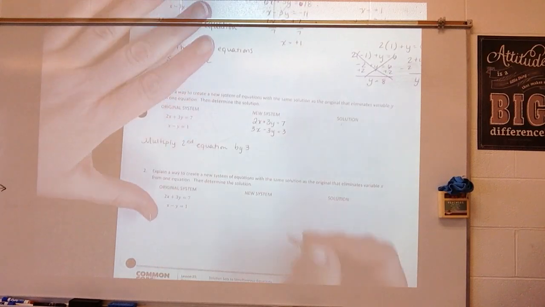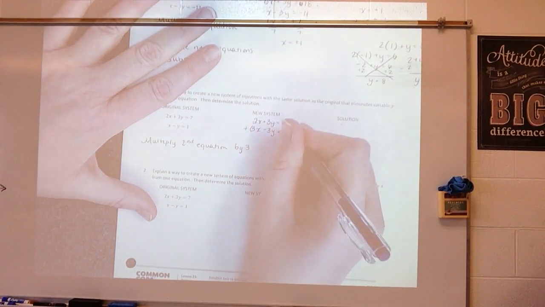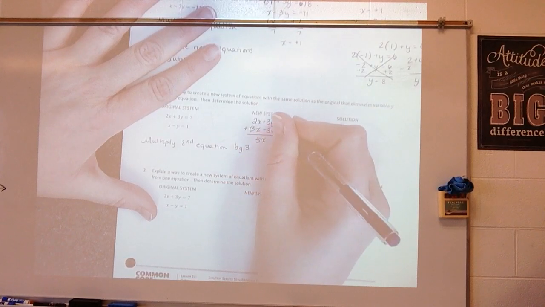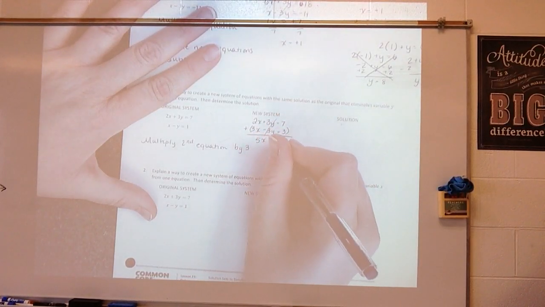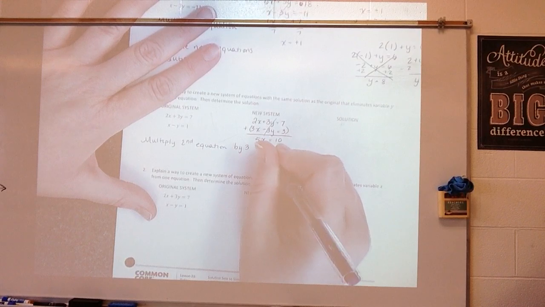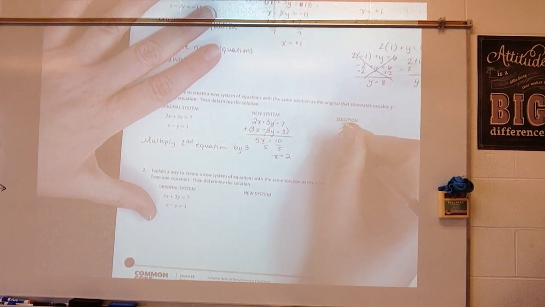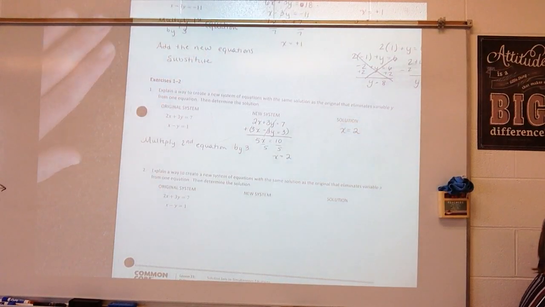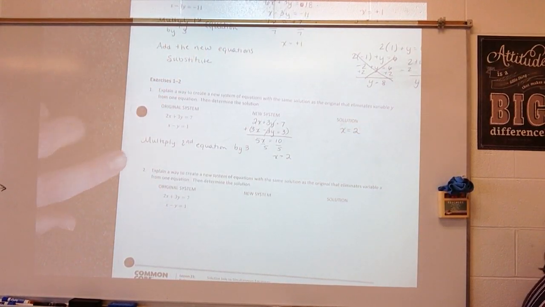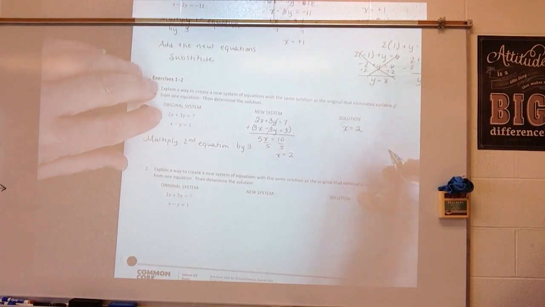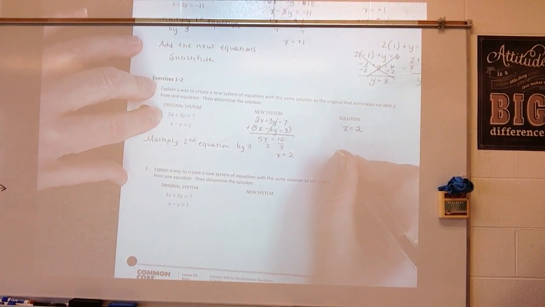All right, then I add those two equations together, and I get 5x. Those cancel, is equal to 10. Divide by 5. X would be equal to 2. All right. Now I'm going to substitute x in. It doesn't matter which one you plug it into.